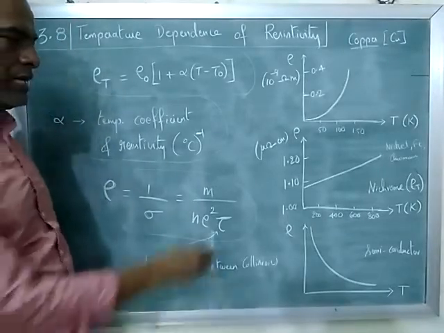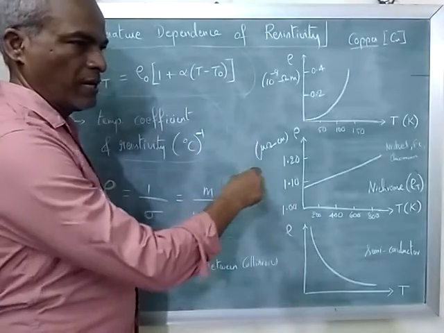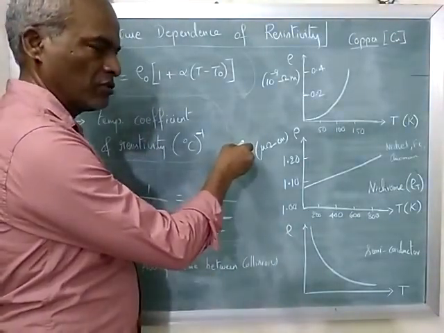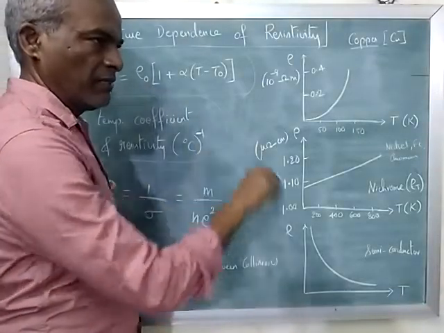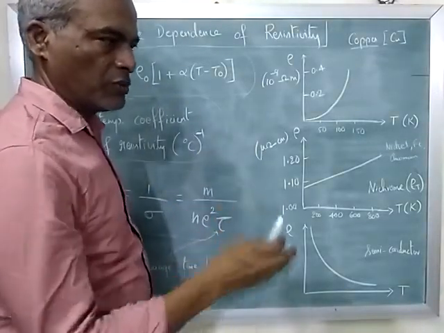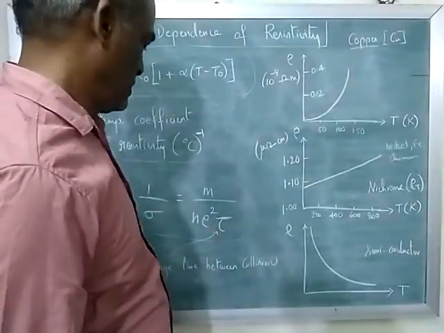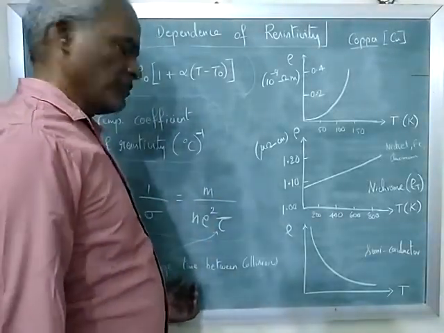That means the electrons try to move randomly and hit ions. Then it deflects with the same speed, and in between collisions we have to find out the time.